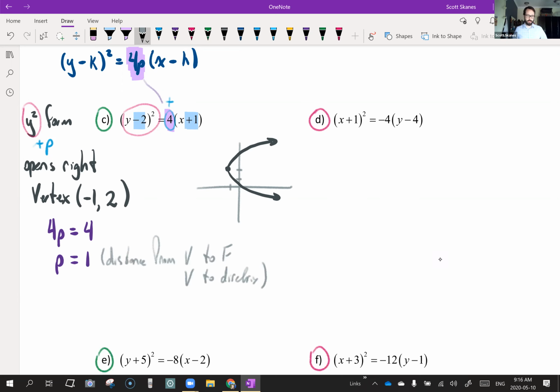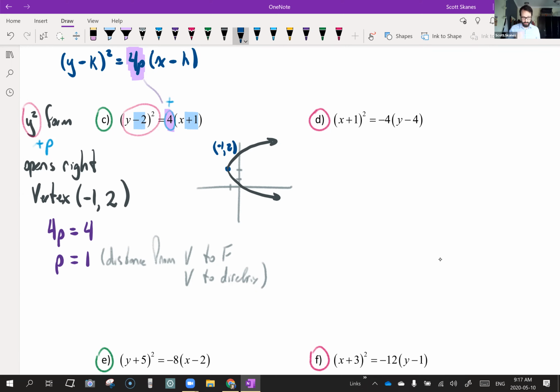Okay, so let's go look at our vertex here. It's up on the graph. That's our vertex. I'll label it just the first time around. Our vertex here is -1 and 2. You can see that. The focus must be one point or one block away from the vertex. So this is the first question I'll actually ask you.